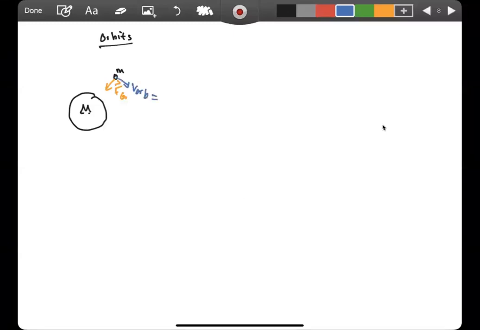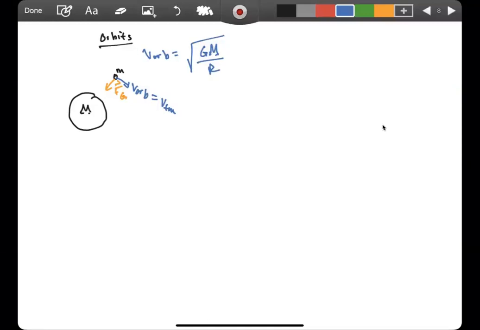So my orbital velocity, as we found, is equal to the square root of G times the mass of the central body divided by the radius. We don't care about the mass of the orbiting object, only the orbited body.